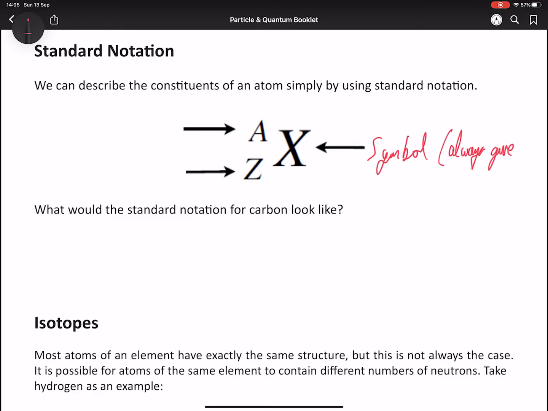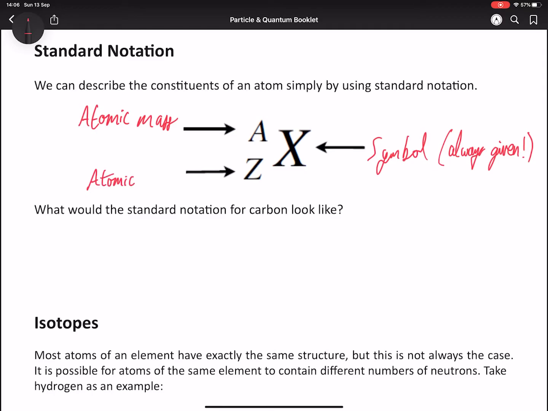So instead, you will always be given the symbol you need to work with. Now, A and Z both have key meanings and key definitions that you need to be specific about. A represents our atomic mass number, whereas Z represents our atomic number.